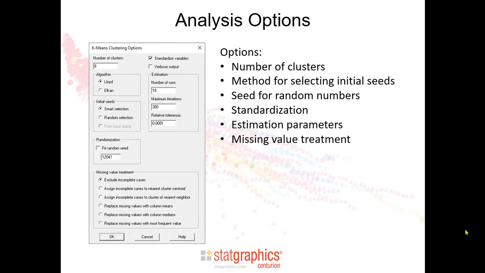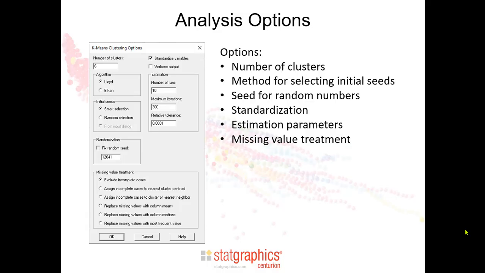When running the k-means clustering procedure, there are a number of analysis options that the user can select. First off, the user specifies k. That's the number of clusters in which to group the data. Secondly, the user needs to select the method for selecting the initial seeds.